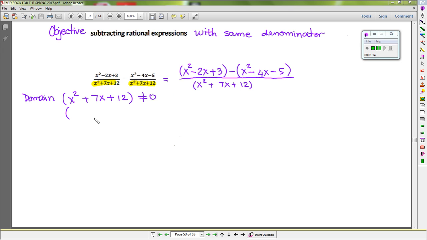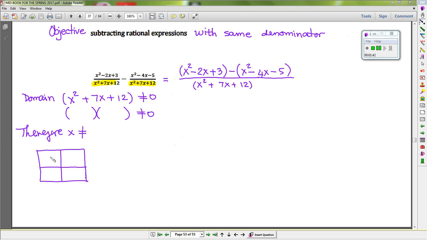So we factor this out, and then we can conclude that x cannot be equal to something. So I'm going to draw a square and divide this square into 4 small squares.